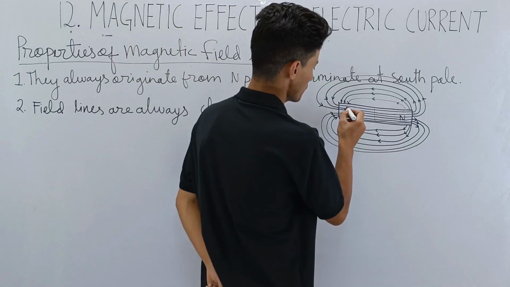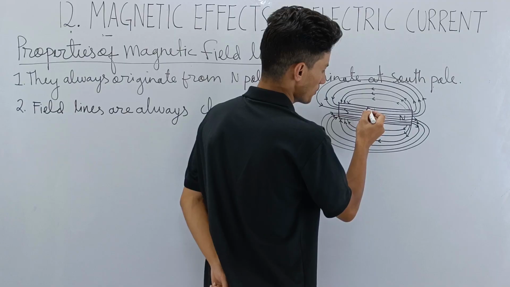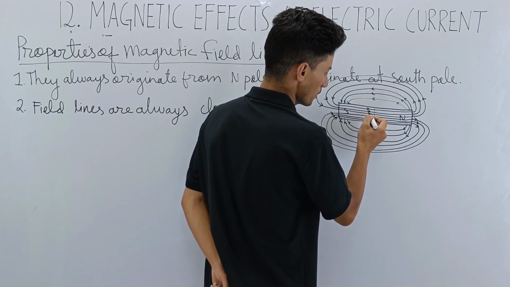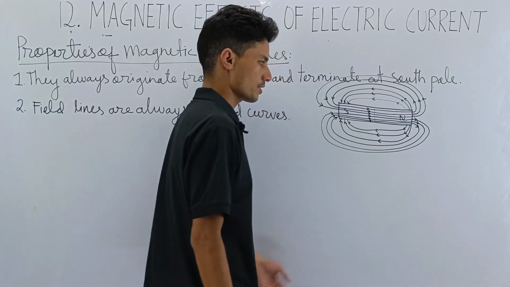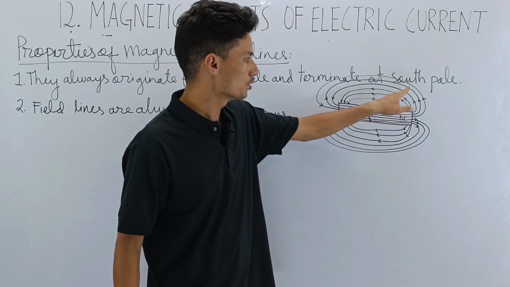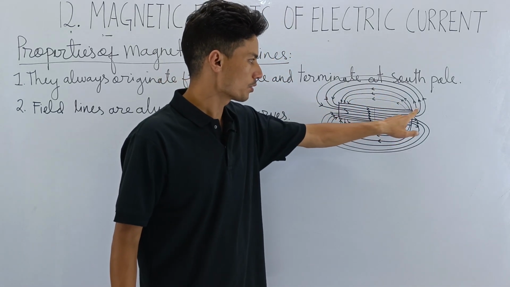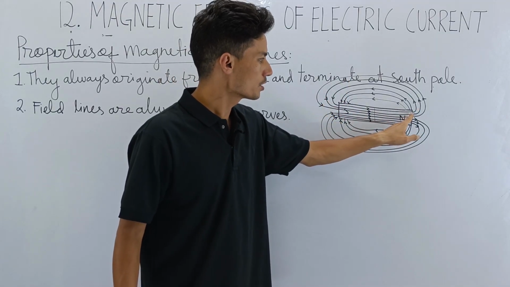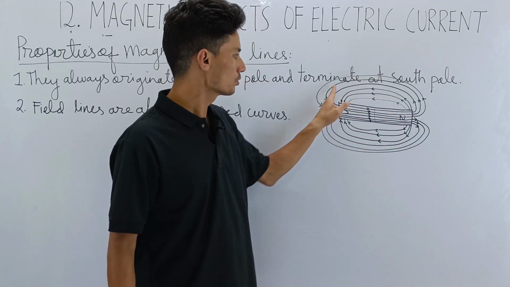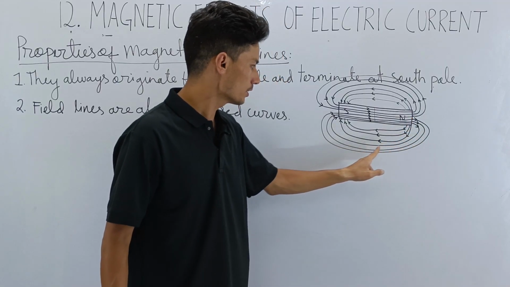So here you can see inside the bar magnet, the magnetic field lines are traveling from south to north, whereas outside they travel from north to south. Outside, we are talking about these curves. They emerge from north and then enter the south.